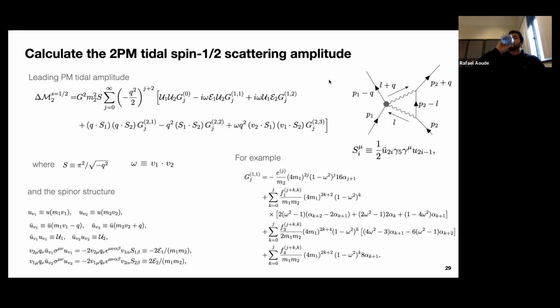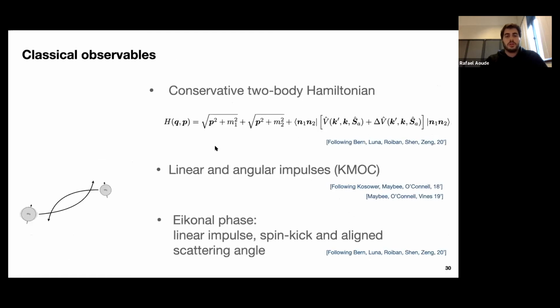Okay, so given these amplitudes, we can go on and evaluate the classical observables. So we evaluate several classical observables.